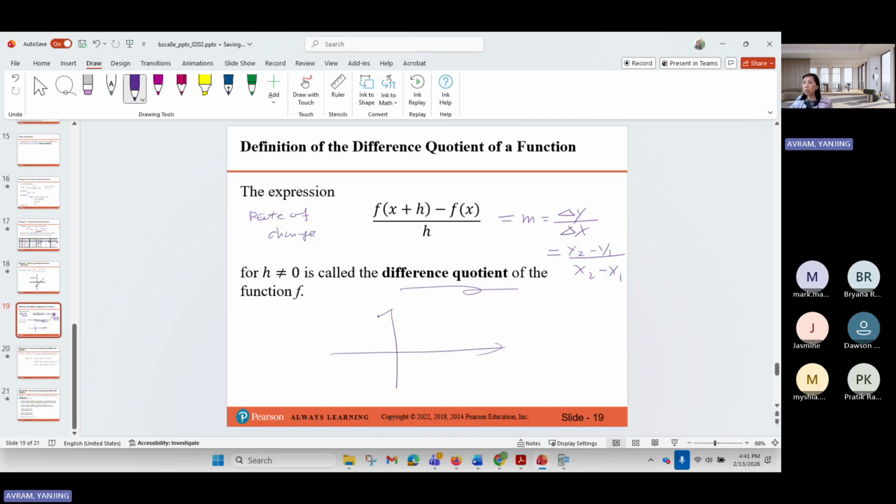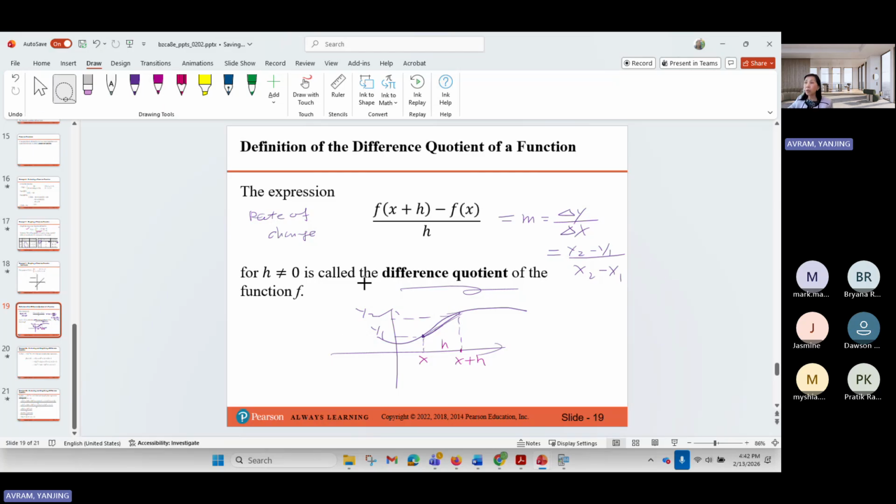If I have a random graph, okay, this will be my x1, this is my y1, right? And then I choose the second point, x2, this will be y2. All right, so if I connect these two together, it's a straight line, right? So I can find a slope for this straight line. And instead of using x2, I can change this one into x, and then I increase h, and then this point will be x plus h.